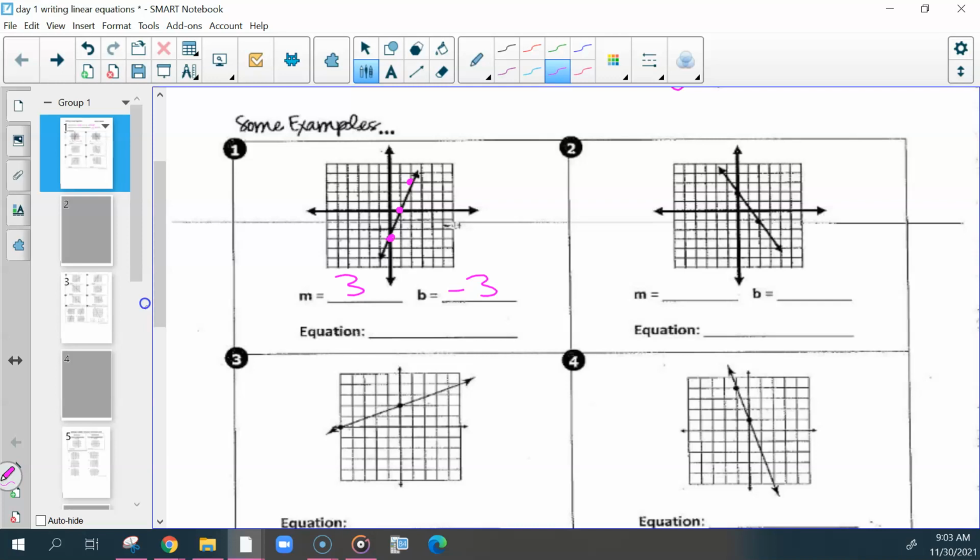So how would I write this as an equation? Y equals 3x minus 3. Of all the topics we're going to talk about, this is probably the easiest.